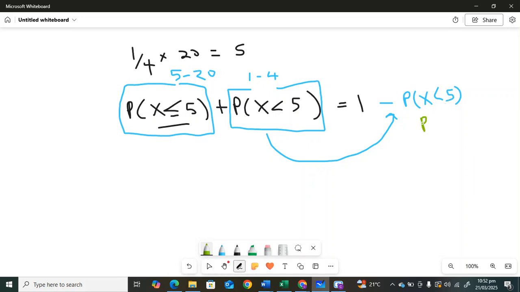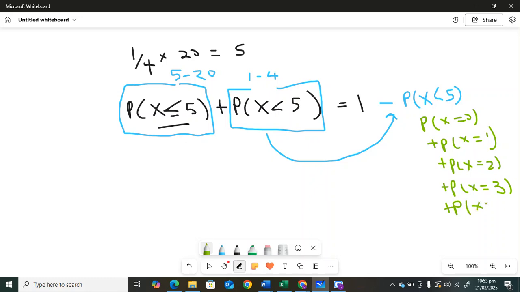So this will include the probability that 0 students prefer working in the banking industry, plus the probability that 1 student prefers working in the banking industry, plus the probability that 2 students prefer working in the banking industry, plus the probability that 3 students prefer working in the banking industry, until we reach 4 students.